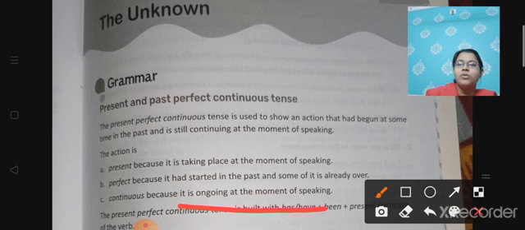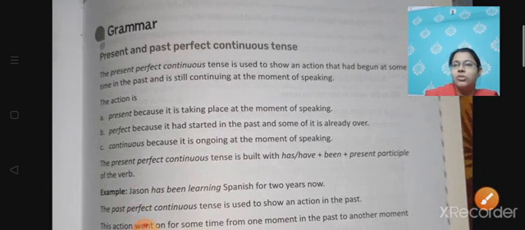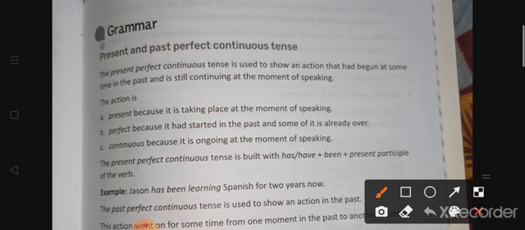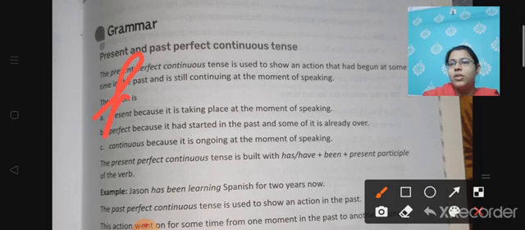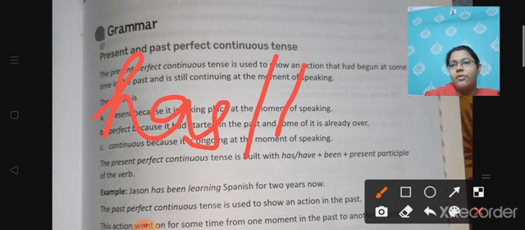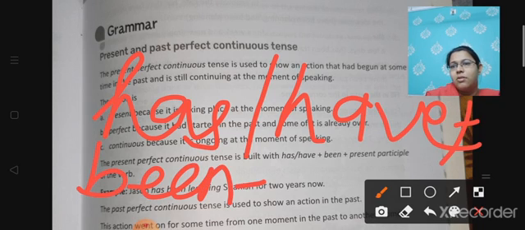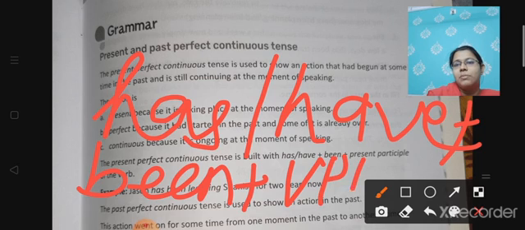Okay, so here you might have understood what is present perfect continuous tense, and the formation also we have already studied. We use has or have plus been plus verb का present participle.